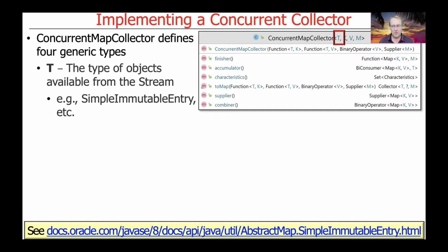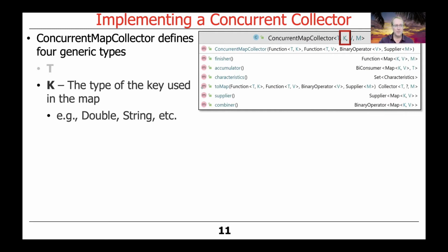So for example, if you've got a stream of SimpleImmutableEntries or GCDParams or whatever, these are things that you would need to be able to have in your stream that you want to convert into a map somehow. And very oftentimes, though by no means always, these types in the stream may actually have multiple fields that you can use for key-value bindings.